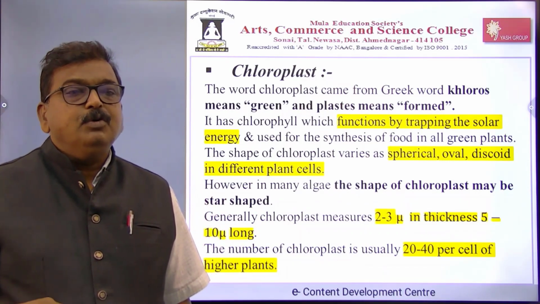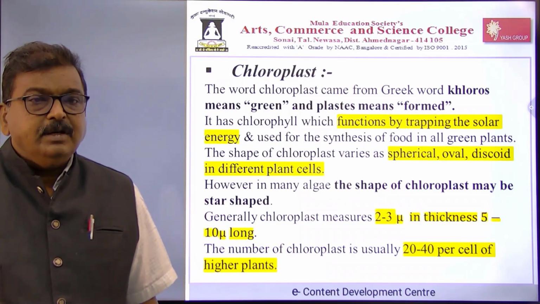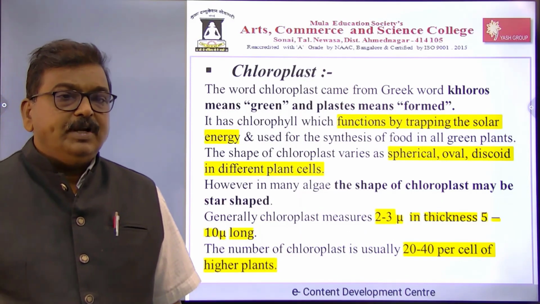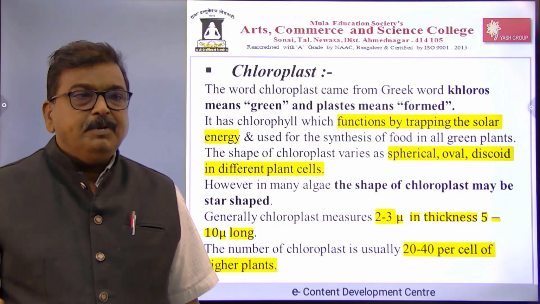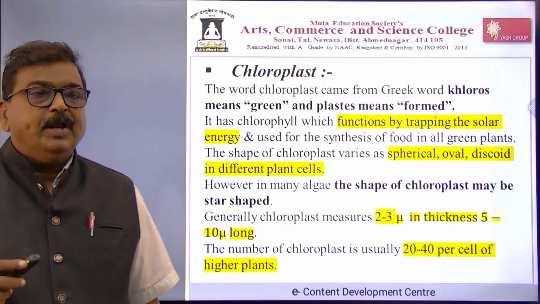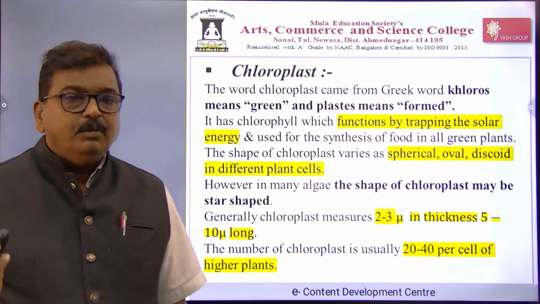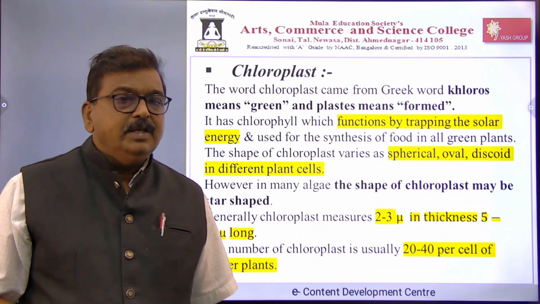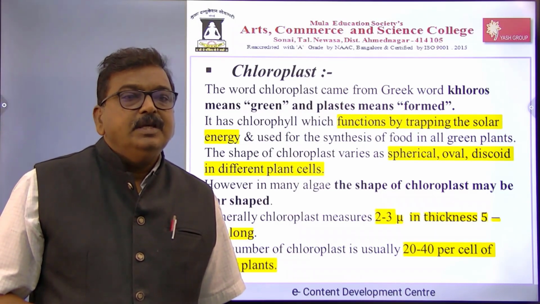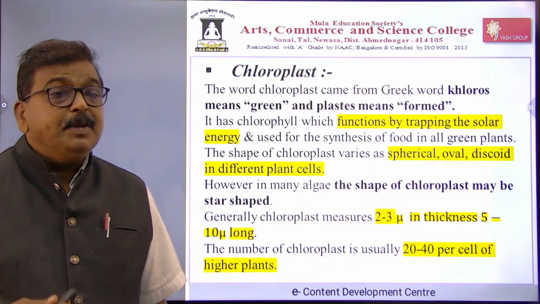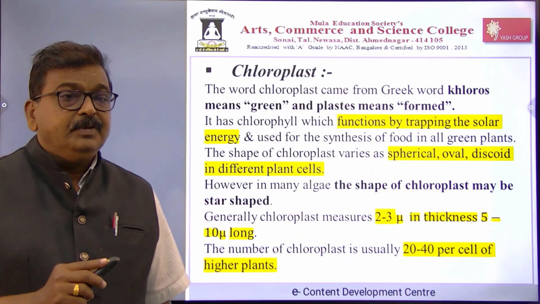The shape of the chloroplast may be spherical, oval, or discoidal. Shape may vary from plant to plant. The shape of the chloroplast may also be star shaped.